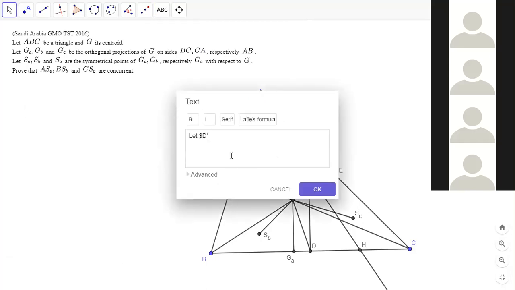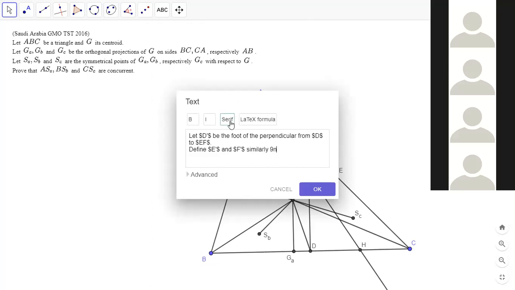Let D prime be the foot of the perpendicular from D to EF. Define E prime and F prime similarly.